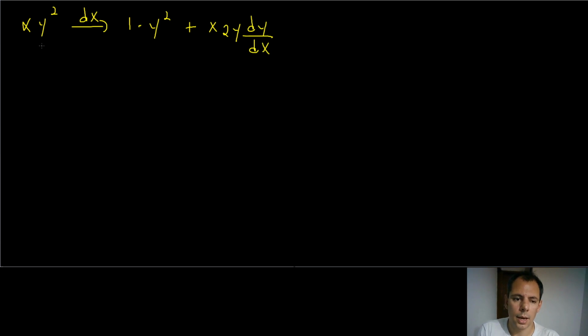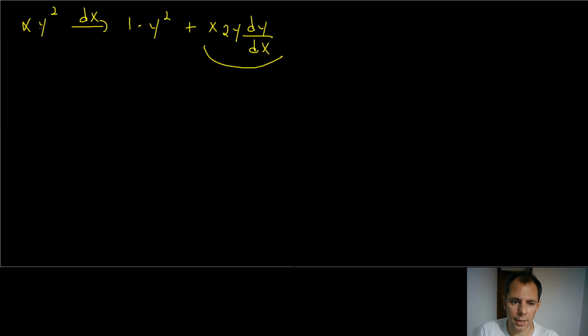Another example: x y squared. Differentiate this with respect to x. This is also the product rule. So differentiating the first one gives 1 times y squared, plus x times 2y dy/dx.